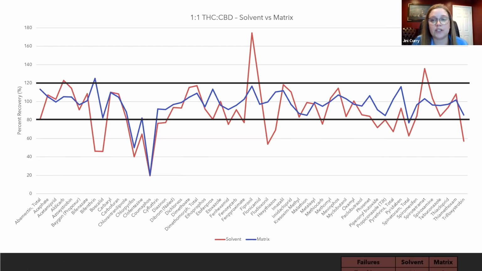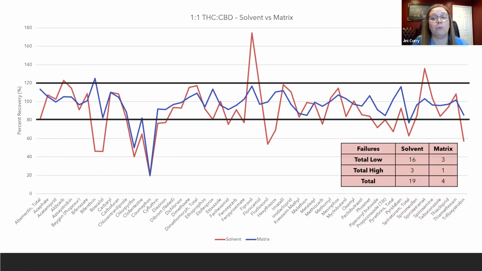And in this, you're seeing that we're taking those failures from a total of 19 failures to 4 failures. So originally, before matrix calibration, we were having 16 failures low. And that was reduced to 3 failures low once we did matrix, and then 3 failures high down to 1 failure high. So really, matrix does impact these results drastically.